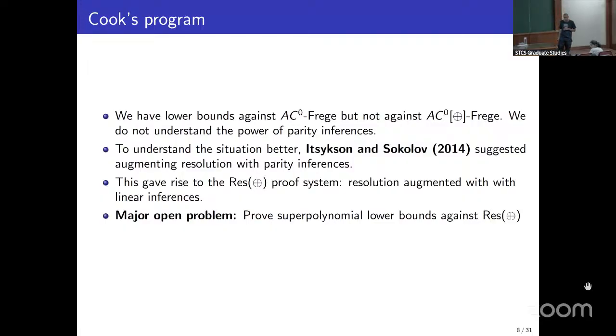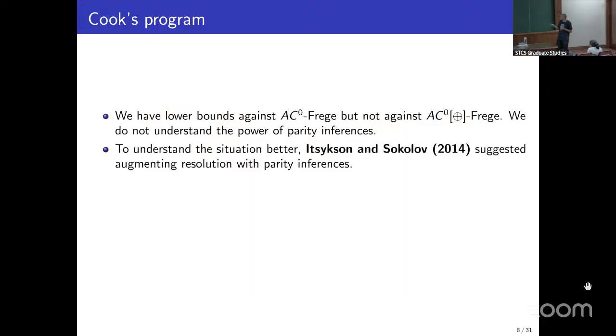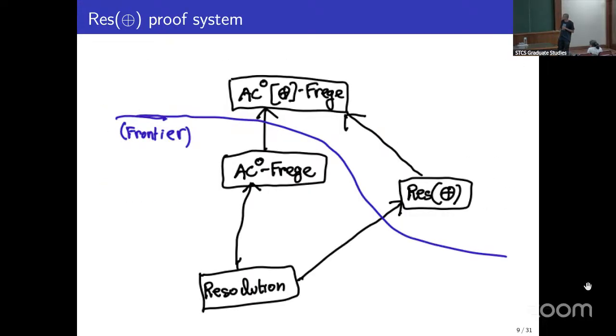Another question with respect to the frontier: the next slide had the frontier. AC0 Frege, supposedly it's gone. We have understood it. But even there, do we know lower bounds against random formulas? There's a paper on ECCC last week which claims this, but the proof is very shady and nobody is believing it.